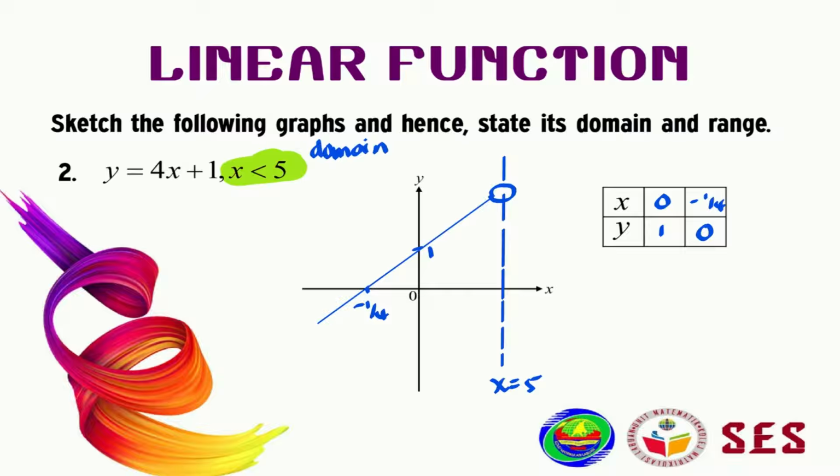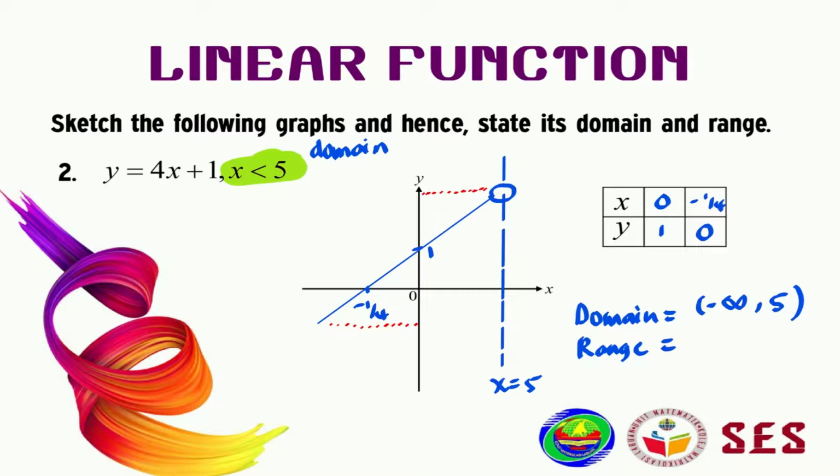Our domain is already given, so we have the domain from negative infinity up to 5, open bracket, if you want to write it in interval form. And what about the range? We need to refer to the interval of y. This is the lowest point where the graph has a y value, and this is the maximum point here.